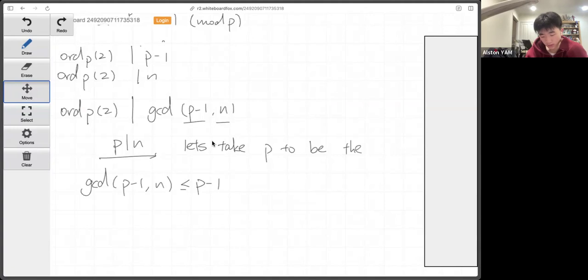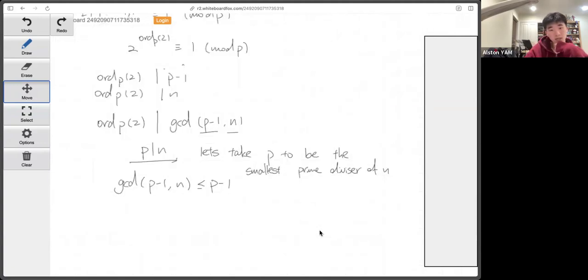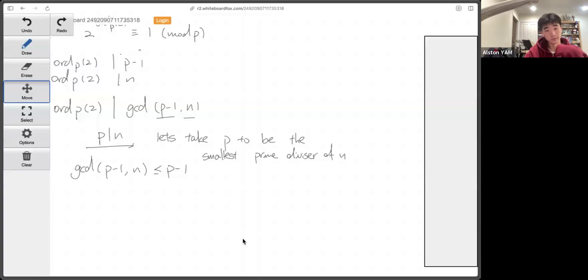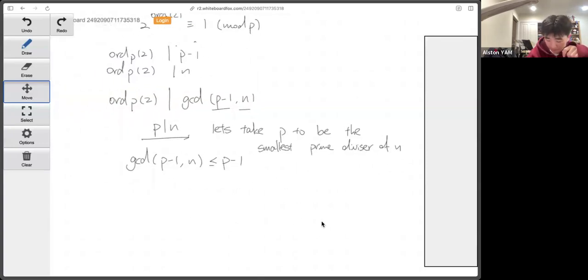Let's take p to be the smallest prime divisor of n. That's actually really useful. Why? Because we have that the order of 2 with respect to p divides this thing, which is less than p minus 1.